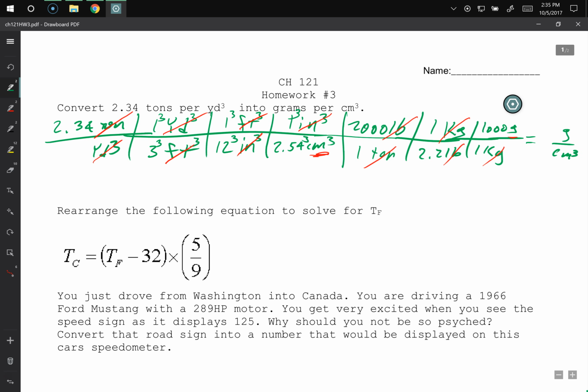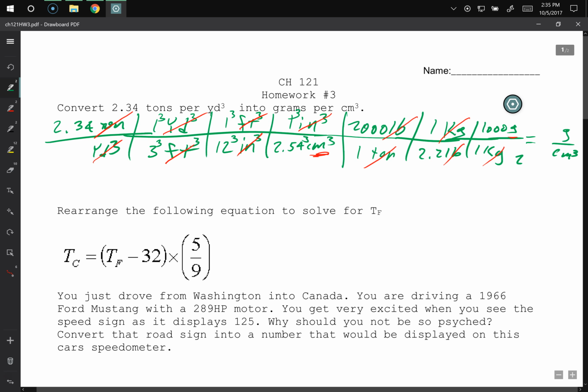And so let's see, we got 2.34 times 2,000 times 1,000 divided by 2.2 divided by 2.54 cubed divided by 12 cubed divided by 3 cubed, and it looks like 2.78 would be my answer.